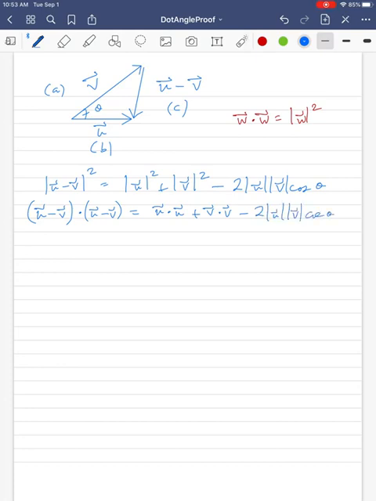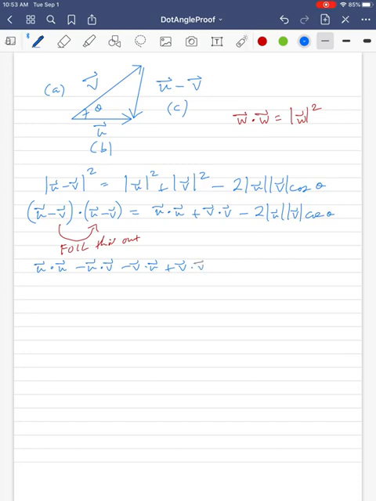Now, the only trick, and I hate to call it a trick because it's just a mathematical fact, is that I'm going to distribute these terms and FOIL this out, which is a legal move with the dot product. If you FOIL it out, you get u dot u minus u dot v minus v dot u plus v dot v.